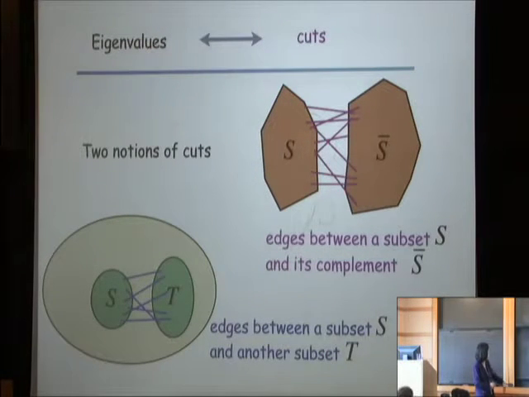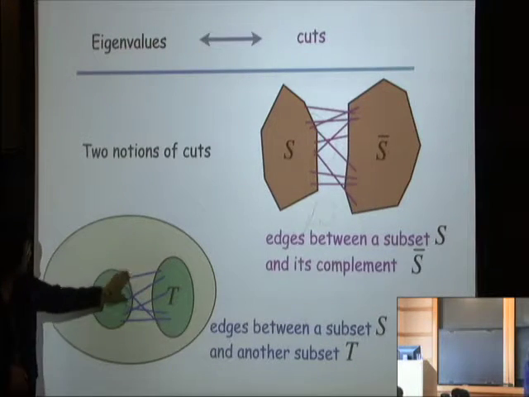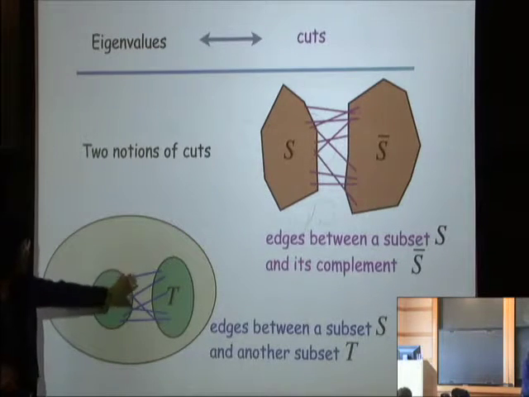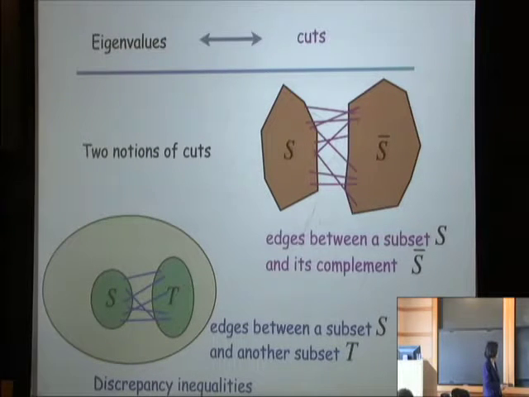A second notion of a cut is a little bit more general. You have 2 parts, any S and T, and try to estimate the number of edges in between. And there are various discrepancy inequalities for controlling this.